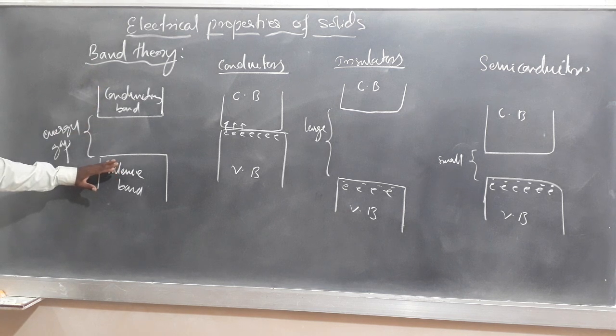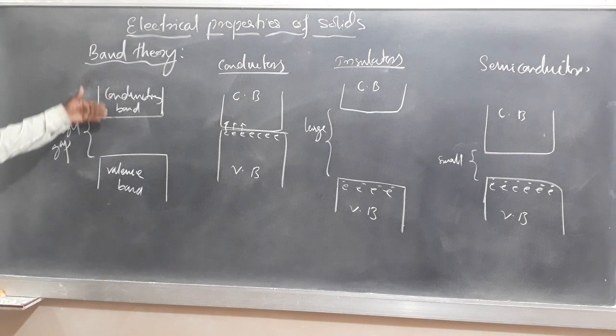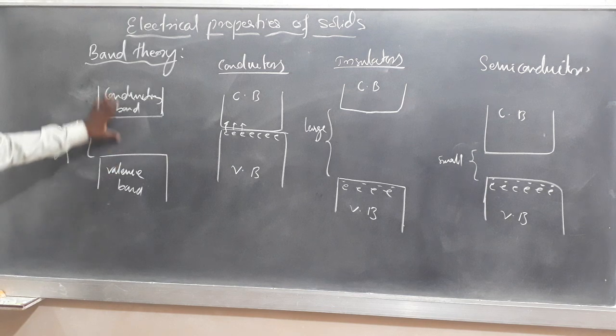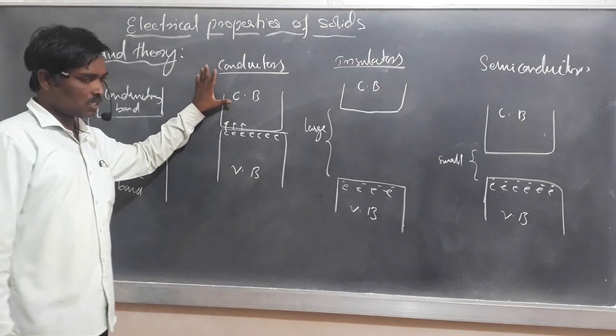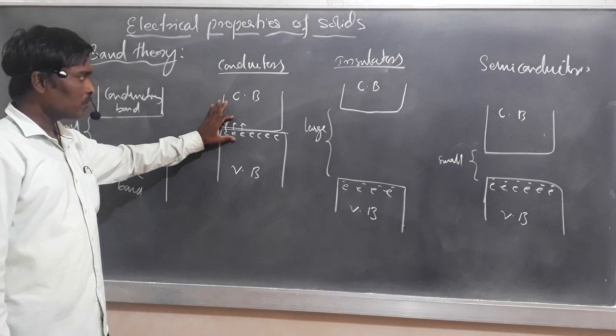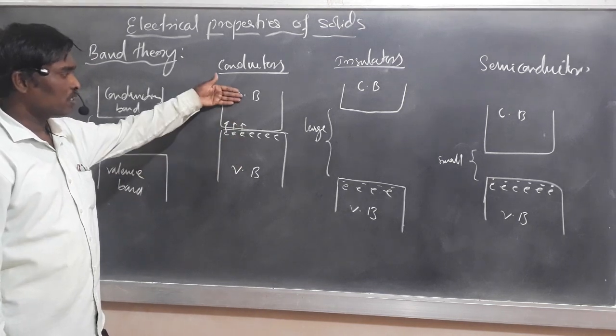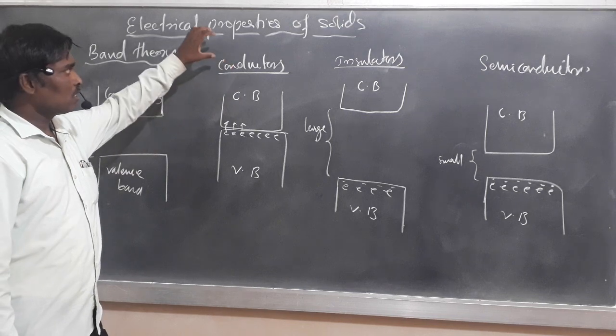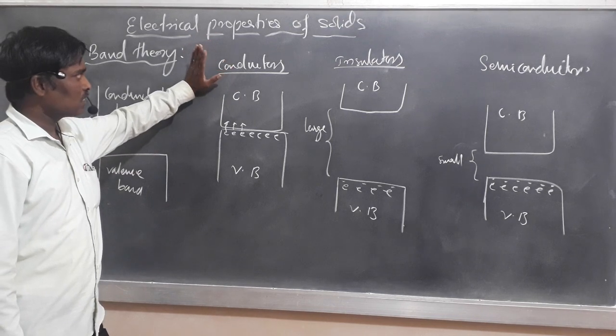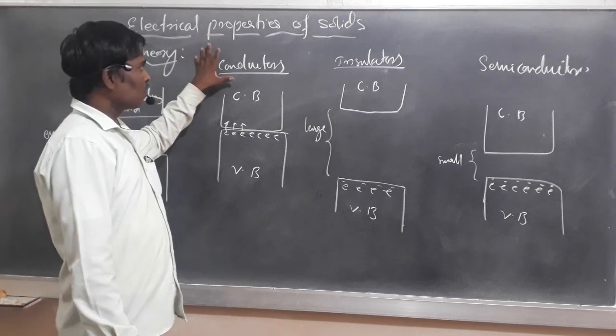Only if electrons jump from the valence band into the conduction band does electricity flow. In conductors, the valence band and conduction band overlap, so electrons can easily jump from the valence band into the conduction band. Therefore conductors can carry current.